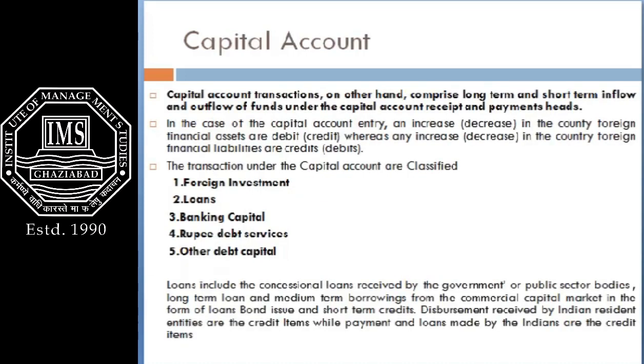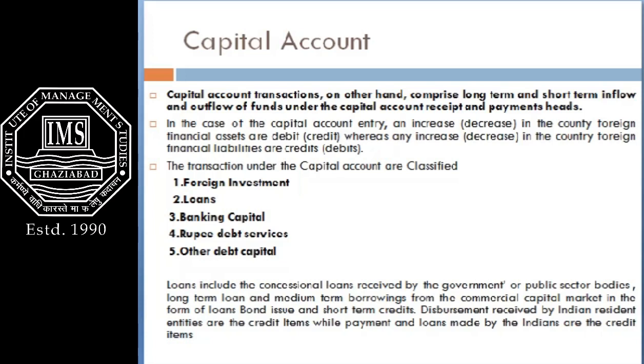Now capital account, that is a very important thing. Capital account transactions, on the other hand, comprise long term and short term inflow and outflow of funds. Like the double entry system, it has receipts and payments heads, in which we include foreign investment, loans, banking capital, rupee debt services, and other debt capitals.